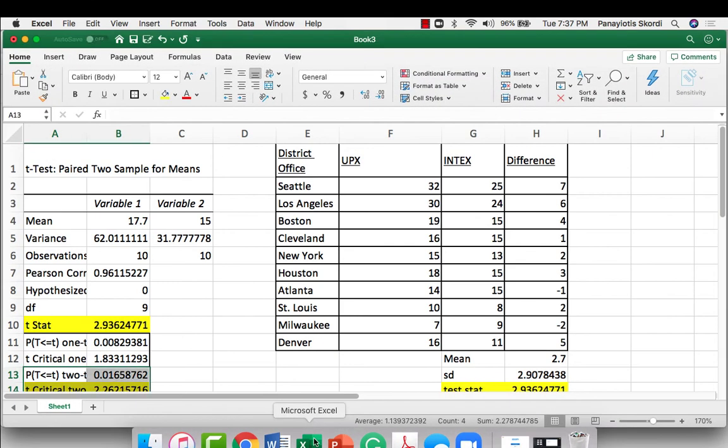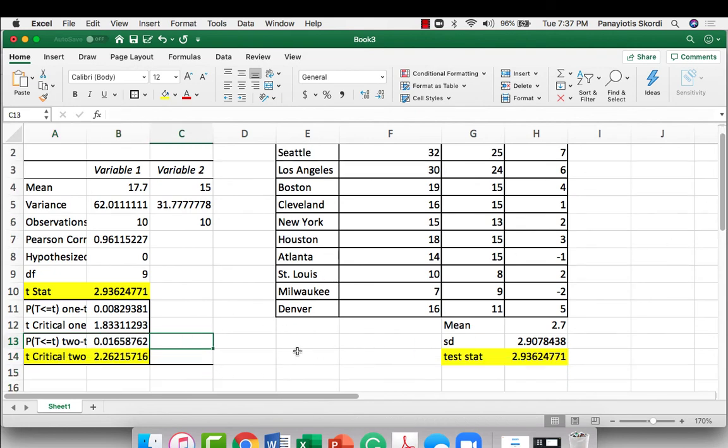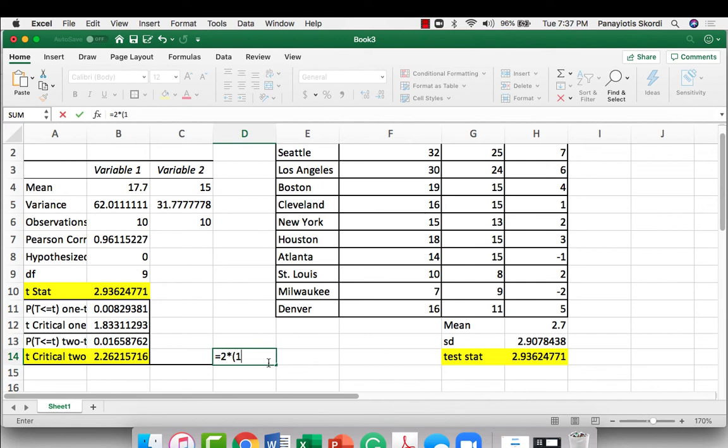So if we want to actually work out the p-value, we're going to have to say it's equal to 2 times 1 minus t.dist.